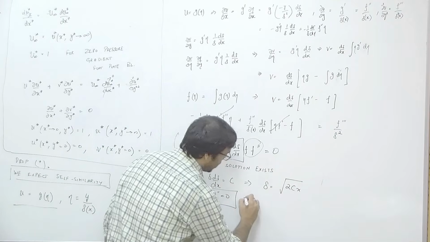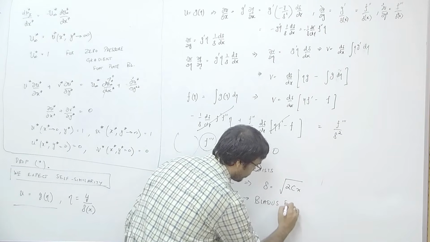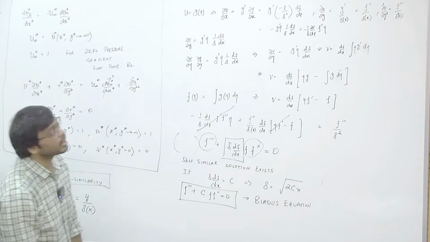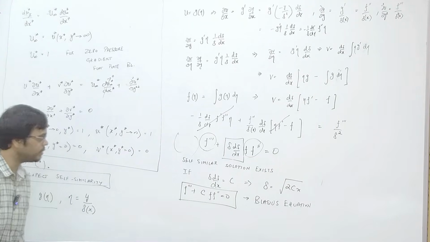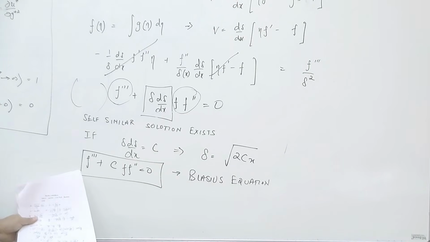This is called the Blasius equation, after a person obviously Blasius who derived this first, and we are halfway there.